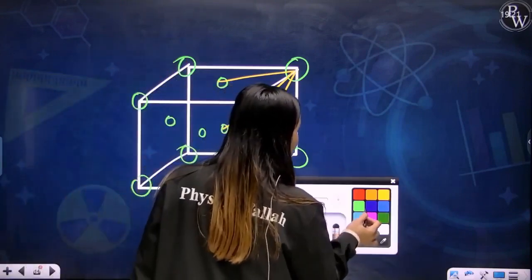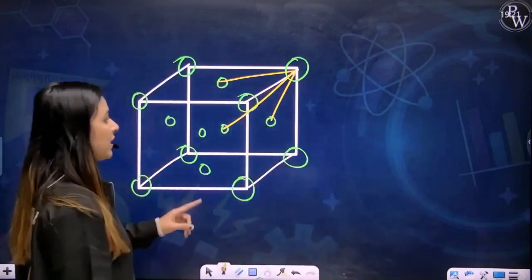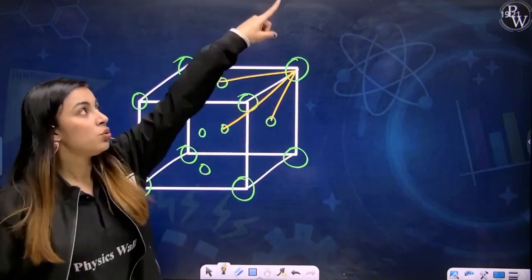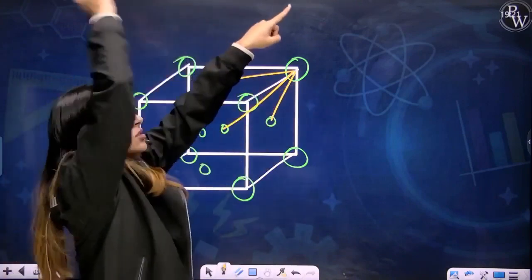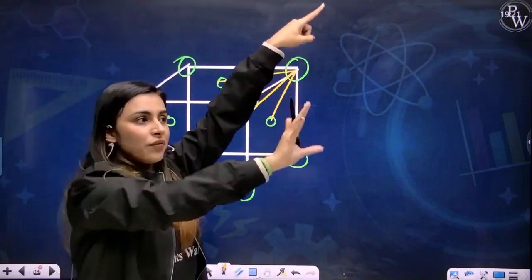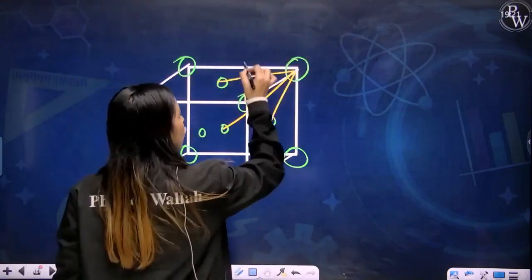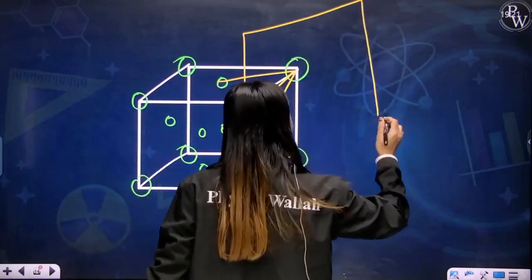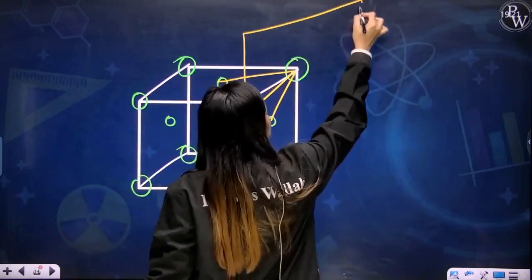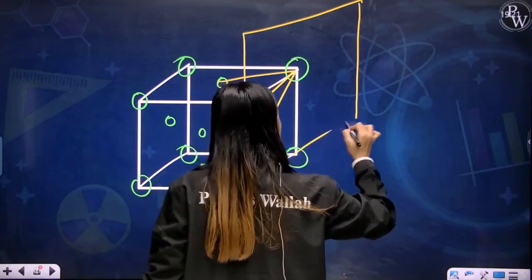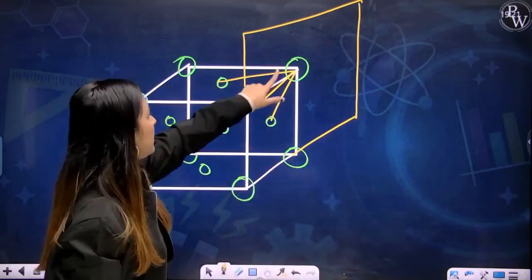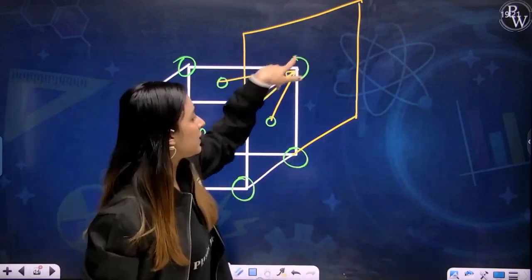Now just imagine, my dear students, what if this one plane, you have one corner, you have three faces. So at each face you will have a center atom. So if I elongate this particular face, then one atom in this face, one in this, one in this, and one in this.